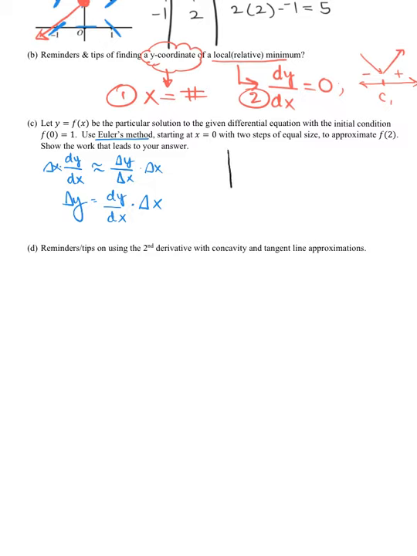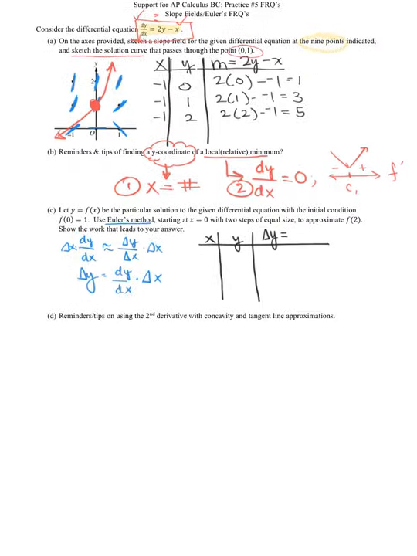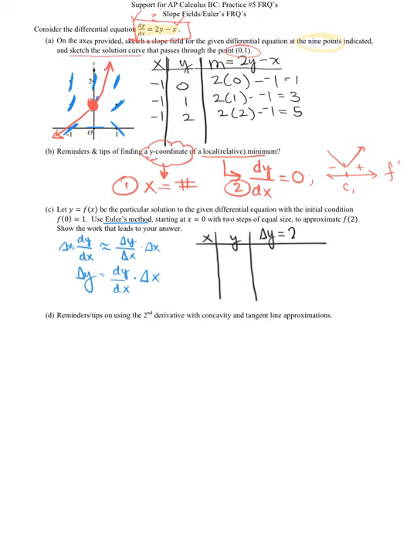So then when we set up our table, delta y would be equal to dy/dx. So for this particular problem, that was 2y minus x.